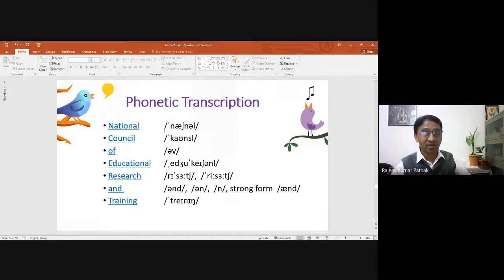National. Now look at this. I have taken this word and written how it should be spoken. We cannot determine this; it is determined by the dictionary. When we have the Oxford dictionary or some other dictionary, they have these things written. So national.